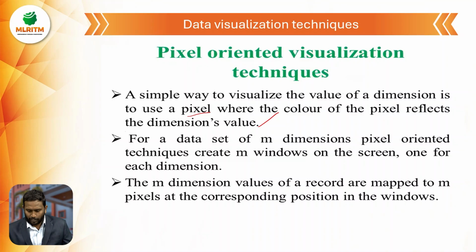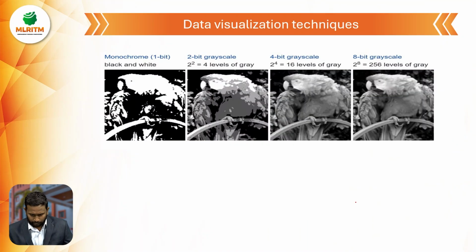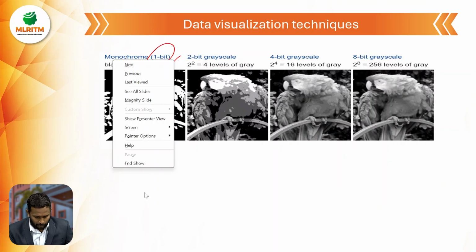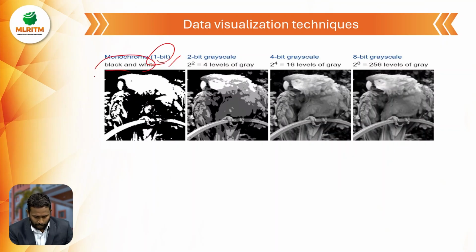For a data set of m dimensions, pixel-oriented techniques create m windows on the screen, one for each dimension. The m dimension values of a record are mapped to m pixels at the corresponding position in the windows. The data saved in monochrome 1 bit gives only black and white.